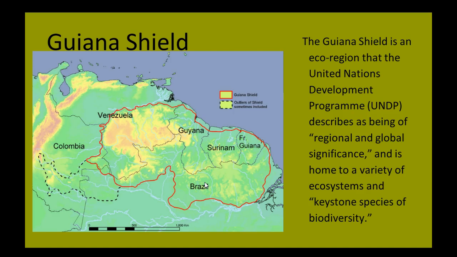The fact that the United Nations has declared this as being of regional and global significance, and that it is home to a variety of ecosystems and keystone species of biodiversity, really illustrates just how important this area is to global biological diversity.